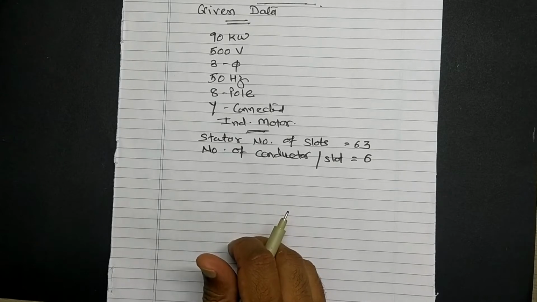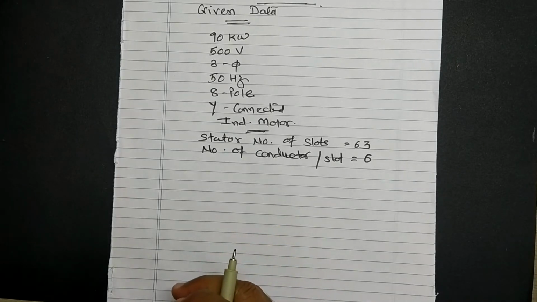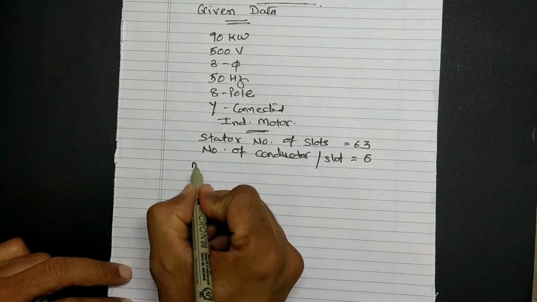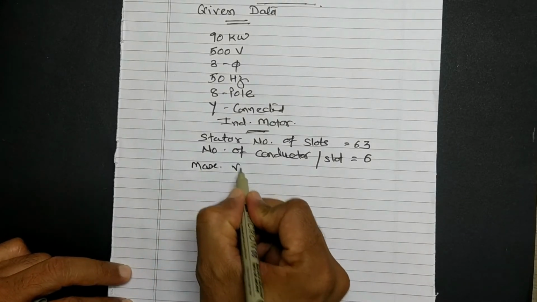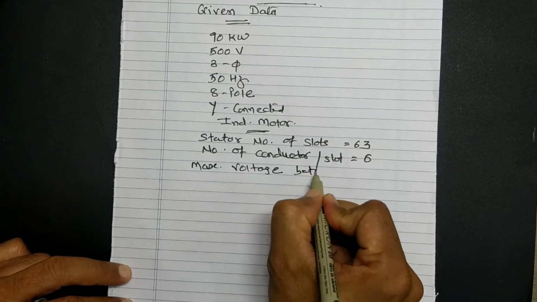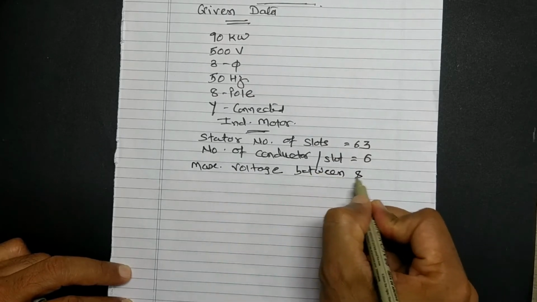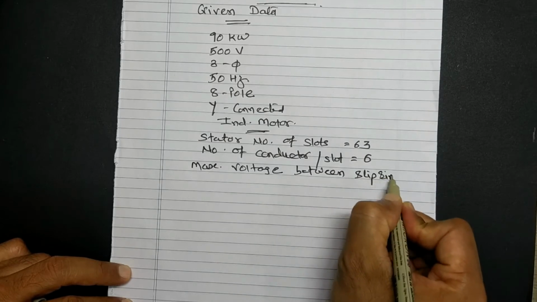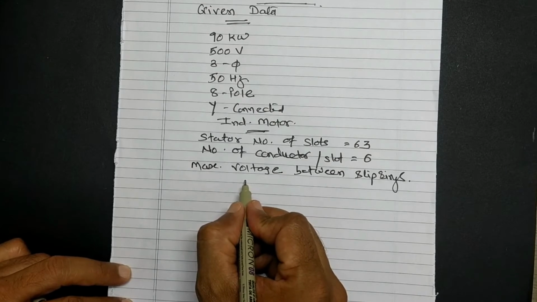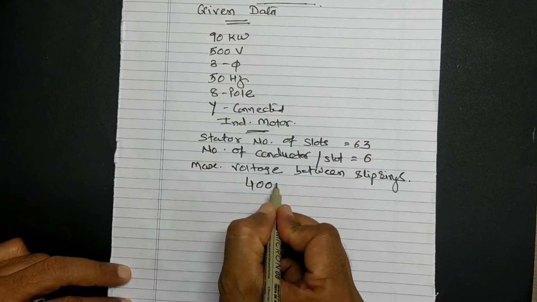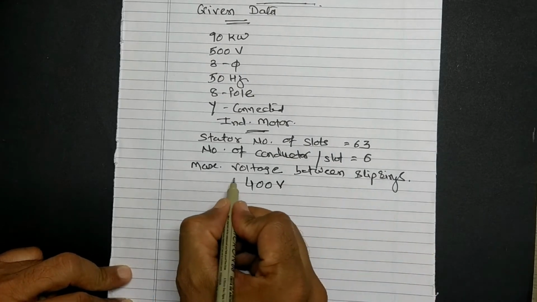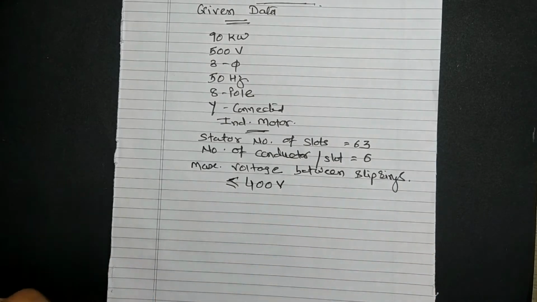Slip ring voltage, the voltage between two slip rings, that is the maximum voltage between slip rings, should not be more than 400 volt. So maximum voltage between slip rings should be less than or equal to 400 volt.